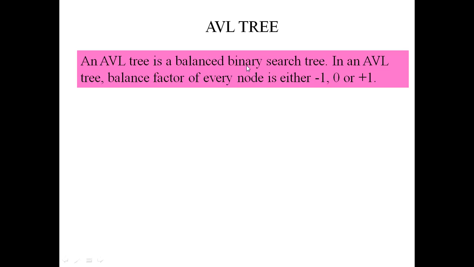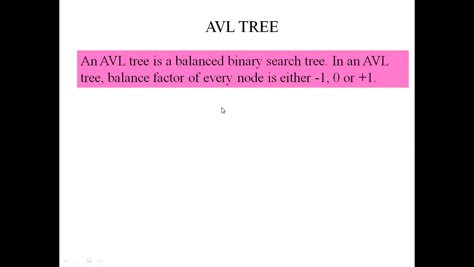We have seen earlier that in a binary search tree we have two heights, that is maximum height and minimum height in the worst case scenario. If you don't know this, kindly watch my previous video. To restrict the height of the binary search tree so that the complexity of the tree will be lesser, that's why we are studying this AVL tree.